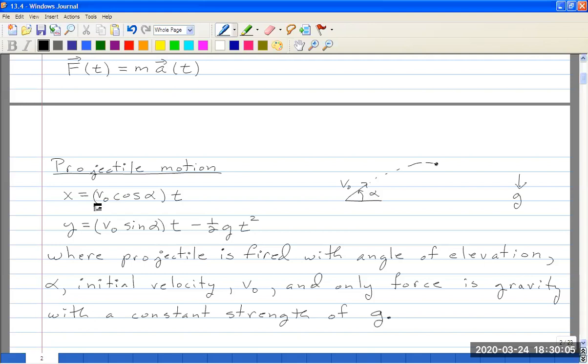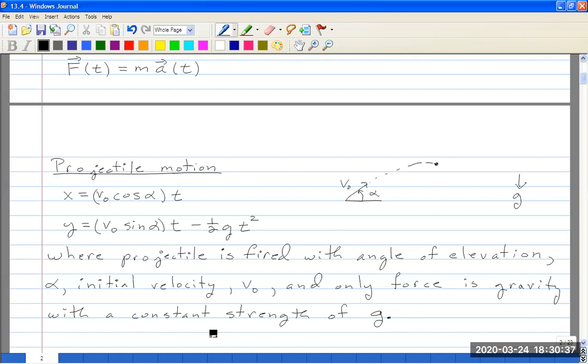And so x, the position x here, is v0 cosine alpha t. Y is v0 sine alpha t minus 1/2 g t squared, where a projectile is fired with angle of elevation alpha. Here's my angle of elevation alpha. Initial velocity v0, and the only force is gravity with a constant strength of g.